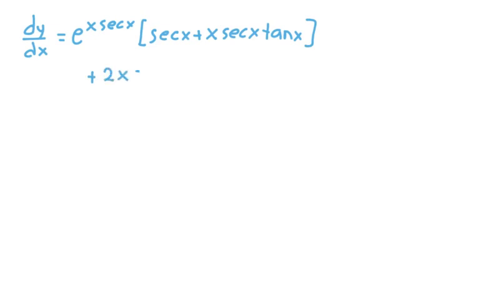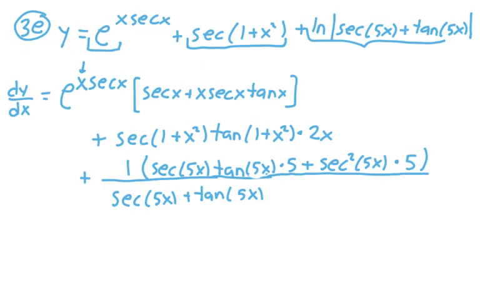So dy dx is e to the x secant x times secant x plus x secant x tangent x plus 2x secant of (1 plus x squared) tangent of (1 plus x squared). Okay? That's the second term. Plus, now remember, what I'm going to do is factor out a 5 secant of 5x.